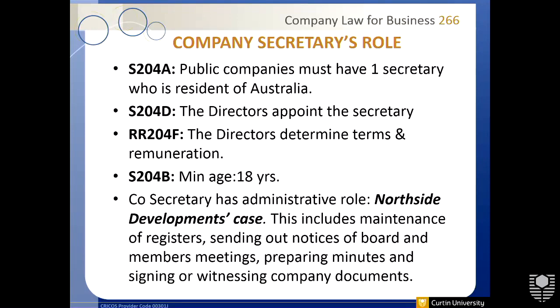All right? In that case, Lord Denning, Master of the Rolls, as he was then, said, gone are the days when you actually consider a company secretary as a clerk. They're no longer clerks. They are actually chief administrative officers. Now, as a chief administrative officer, you can enter into a contract to hire people. You can enter into a contract to hire cars.